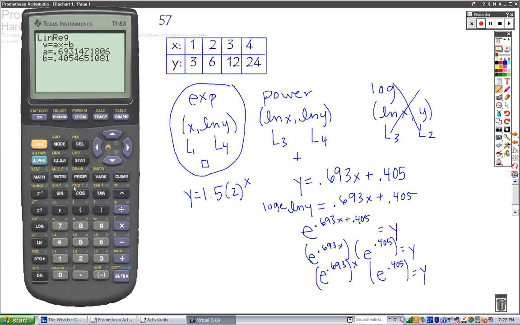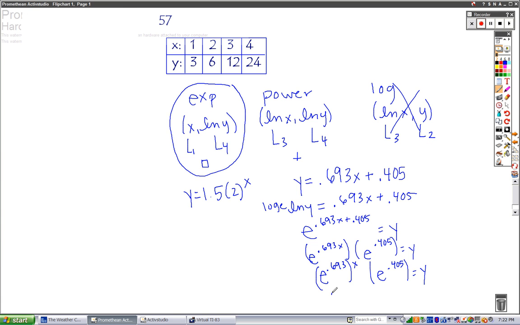So then I can just check my work. E, that's second ln, to the 0.693, close the parentheses, and that equals 1.999. Because of rounding, this is as close as you're going to get to 2 to the x.